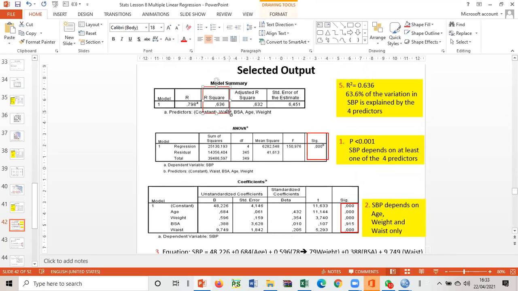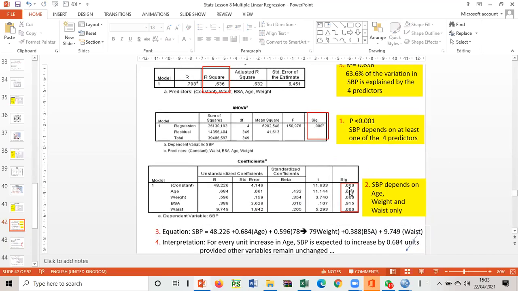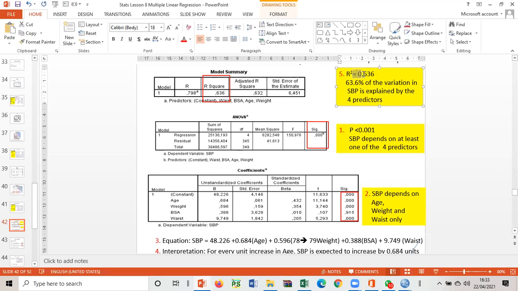Prof, do we need to interpret the BSA as well? Yes, whatever is in the model, you must write. Later we'll see the simplified model. And R squared. How much is R squared? 0.636. What does it mean? 63.6% of the variation in BP is explained by the 4 predictors.